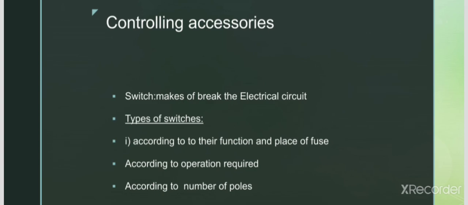the accessories which are used to control the various appliances in electrical wiring are known as controlling accessories. The best example for controlling accessories is the switch. A switch is something which is used to make or break the electrical circuit.